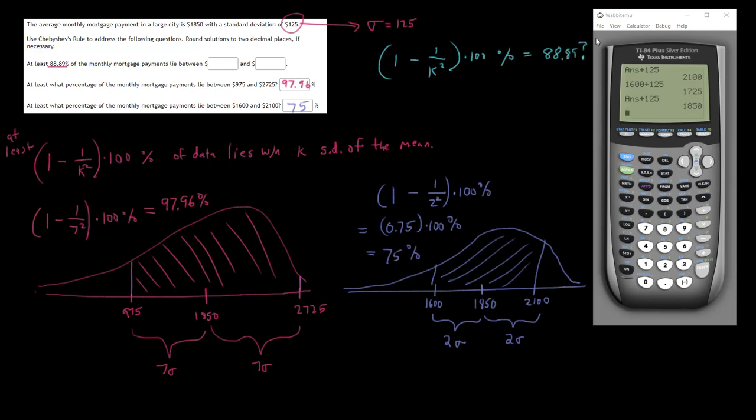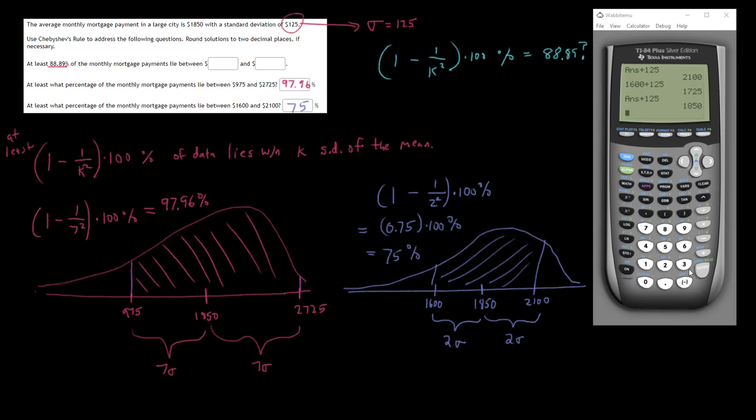So that's the question. Well, let's think about it. We can just try a couple. Remember, for this question, I'm sticking to K being whole values. Technically, K can be fractions, but we know it has to be bigger than 1. We know it's not 2 because 2 standard deviations gave you 75%. We know it's not 7 standard deviations because 7 standard deviations gave you 97%. 88.89 lies between 97 and 75, so it has to be a number between 2 and 7.